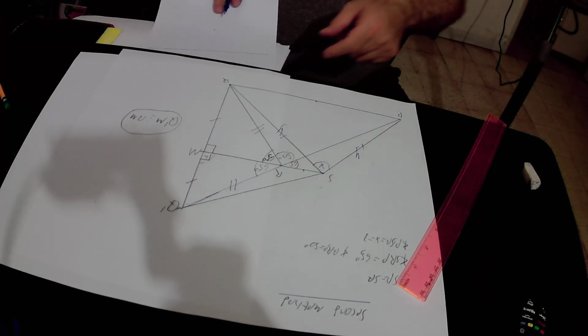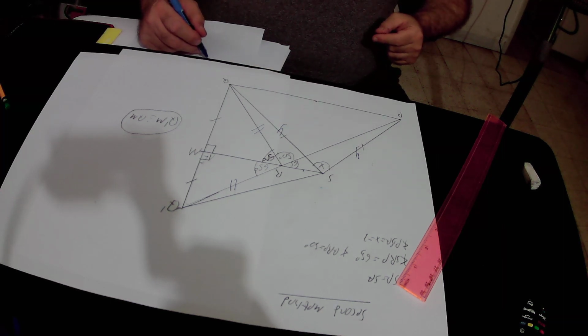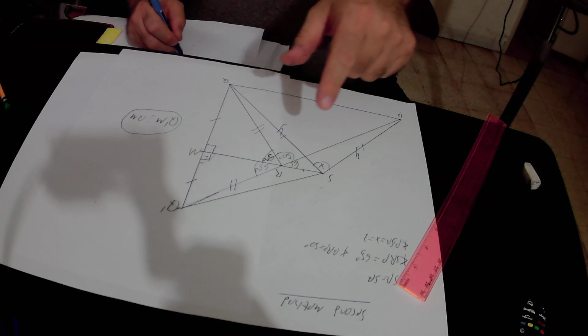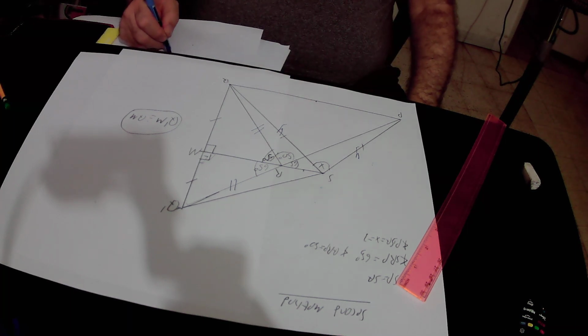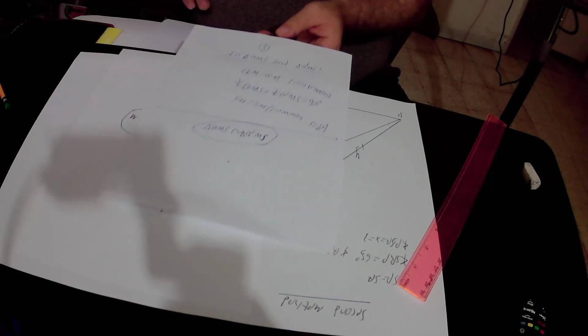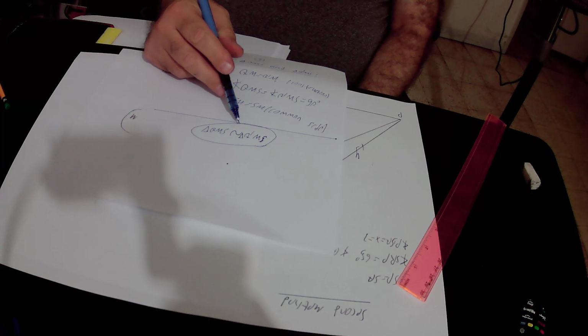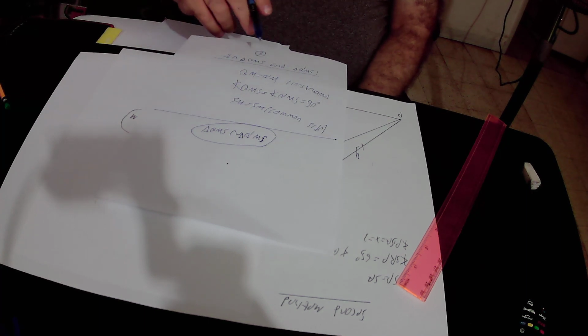So we actually proved that the right triangle QMS is congruent to the right triangle Q'MS according to the side rule.